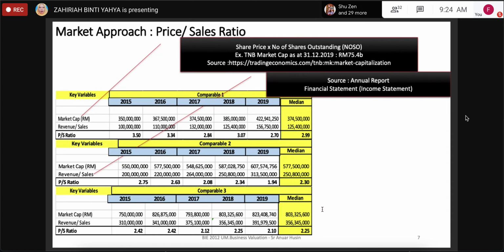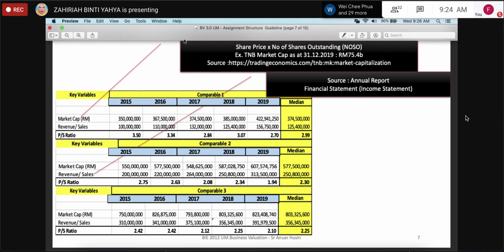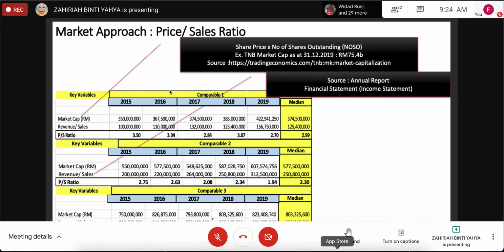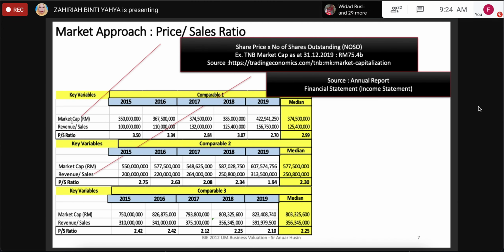Okay. So for that example, first, Surveyor Anwar showed you the market approach, and he used the price over sales ratio. Sales here refers to the revenue. So this is the comparable, not the subject property, not the subject company.